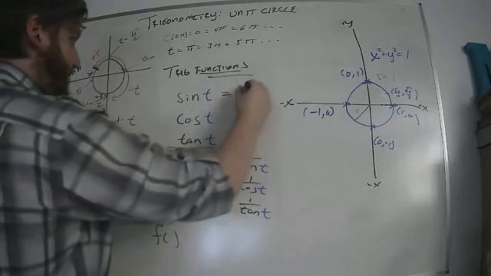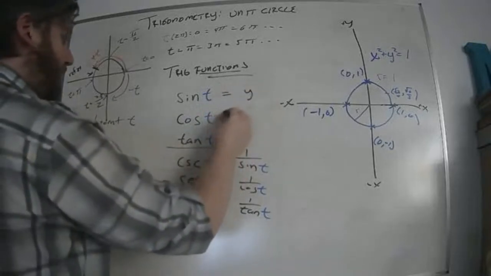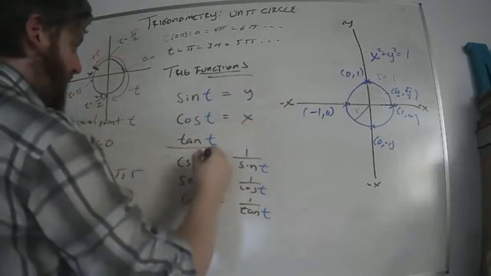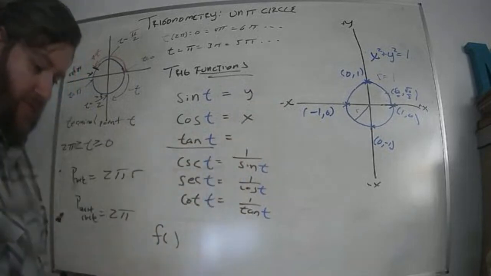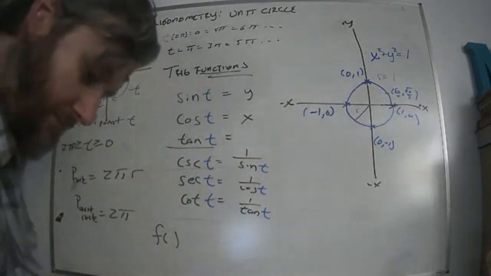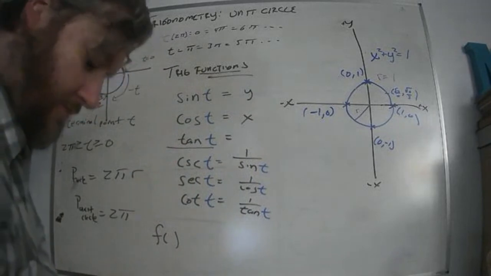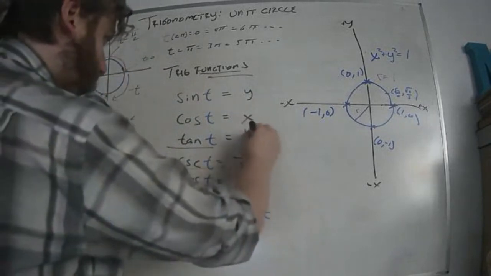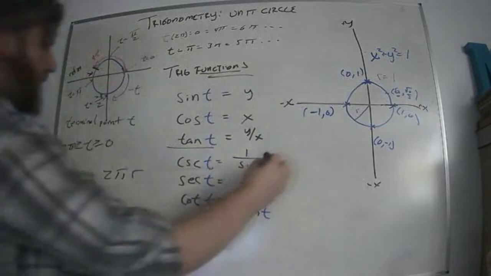And that tells us something important. It tells us that the sine of t is y, the cosine of t is x, and the tangent of t is y over x, which means these things are the opposite.